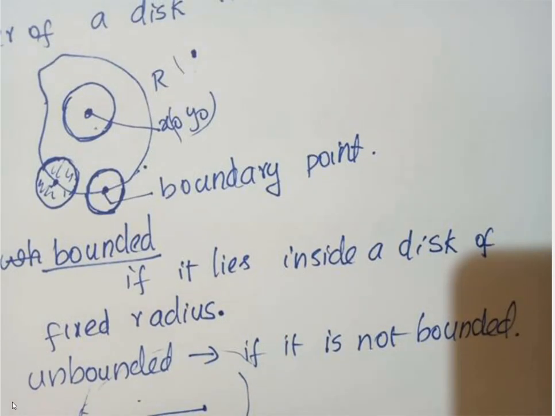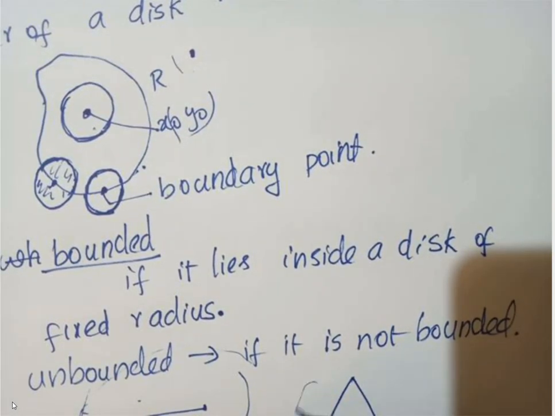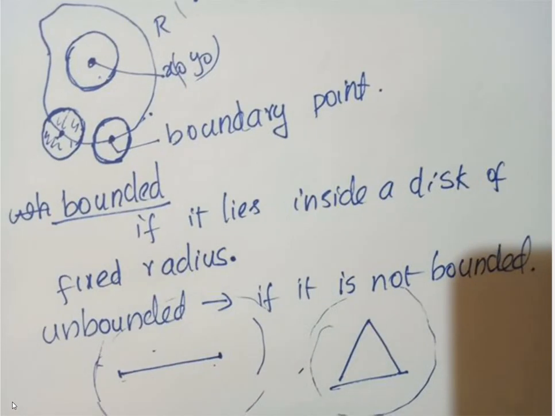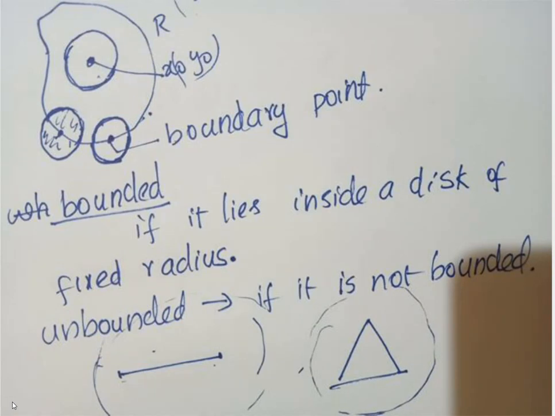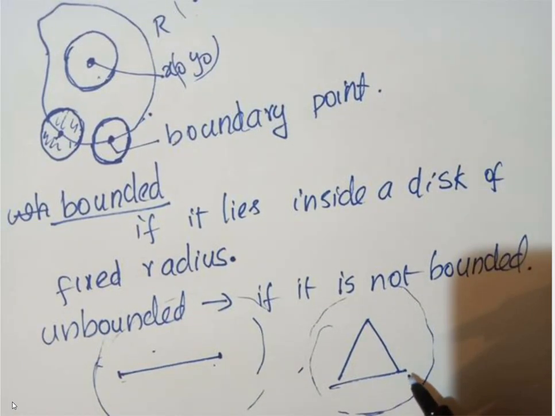So this is an example of a bounded set. Again, a triangle: I can draw a disk such that this triangle is inside the disk. Then this is said to be bounded. Again, the interiors of triangles, rectangles, and disks are examples of bounded sets.